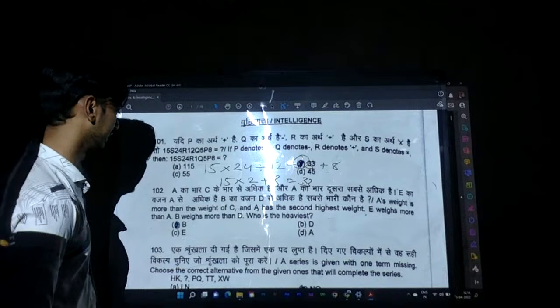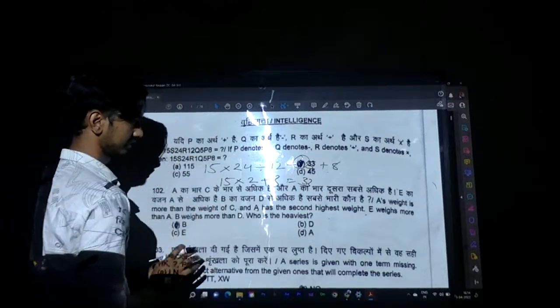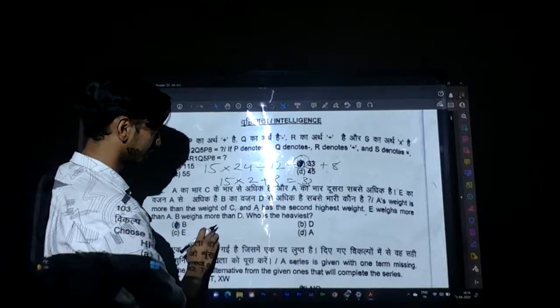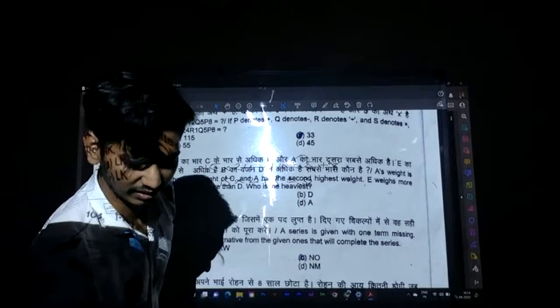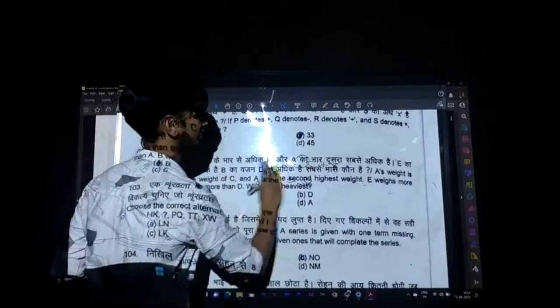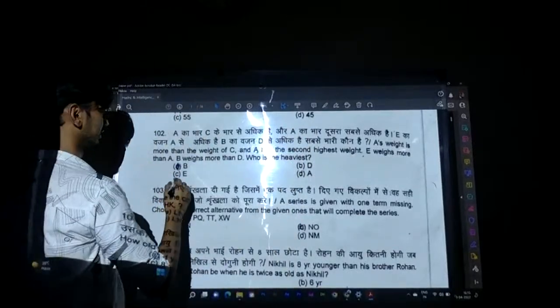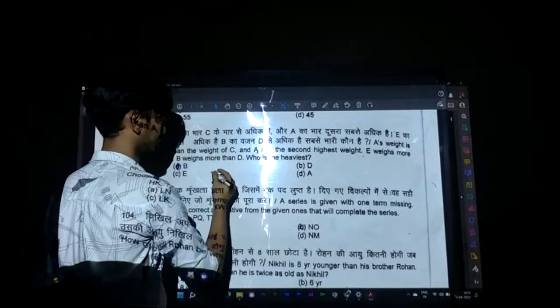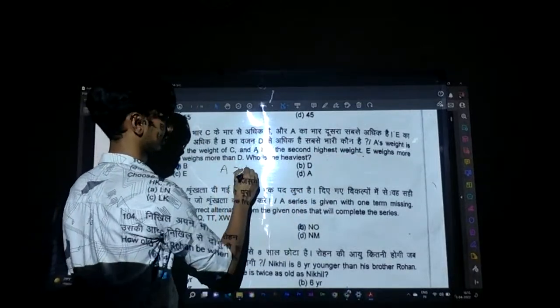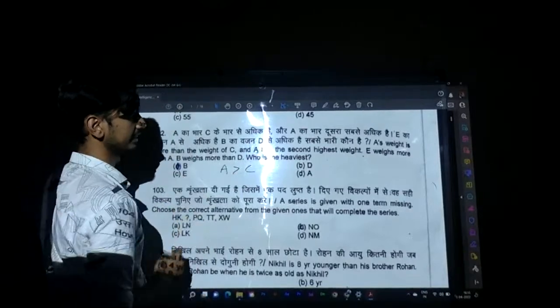So when we look at the second question, this question is about A's weight. First option: A's weight is more than the weight of C, and A has the second highest weight.